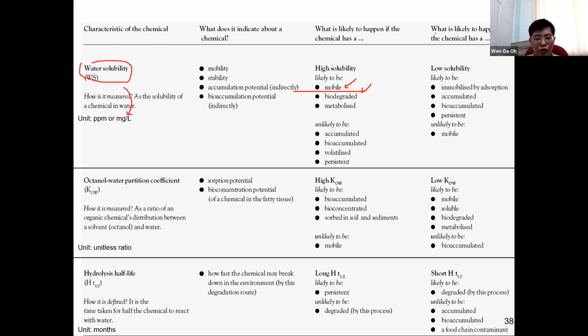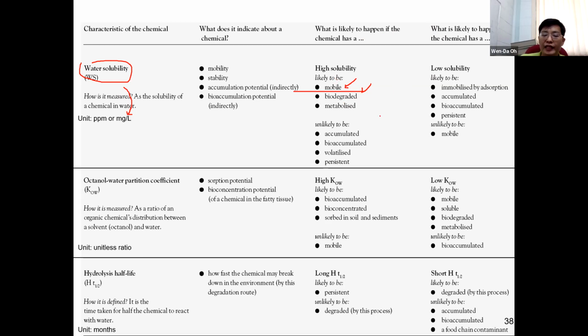So our body tends to want to make particular chemicals, okay, from less hydrophilic to hydrophilic, right? So the reason is because we want to increase the water solubility, and high water solubility will give us an advantage in terms of making the pollutant mobile, okay, biodegradable, and also we can metabolize it.